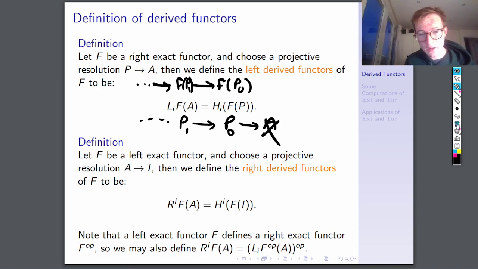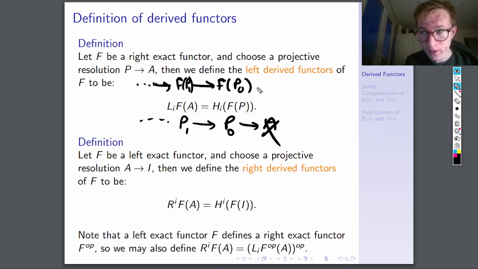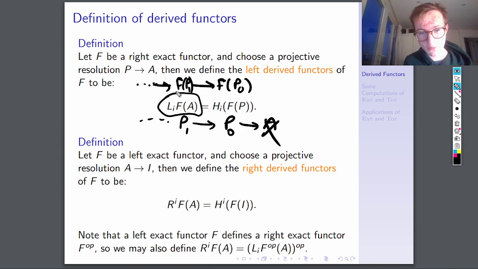Now, the important thing that I was banging on about a couple of seconds ago is: is this definition dependent on which projective resolution we pick? Because that would be a disaster, right? Because then this would be ambiguous, the whole thing would just not be well defined at all.